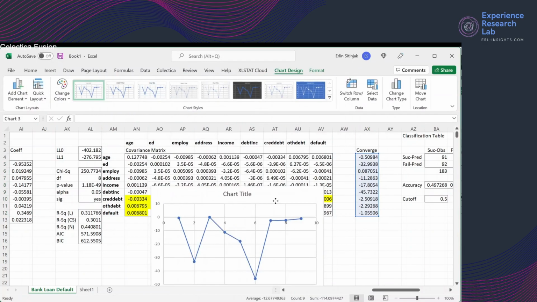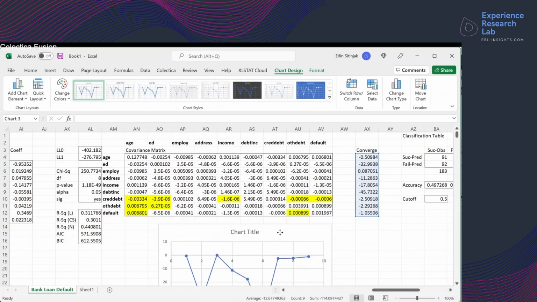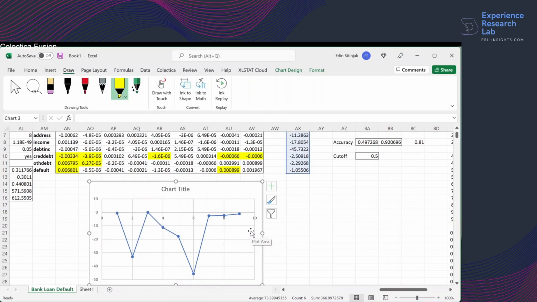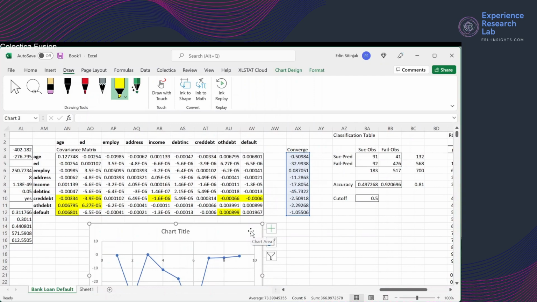I just move it down a little bit. I can see that the parameter estimates actually converge in the third iteration and gets back to the closest position in the nth iteration.